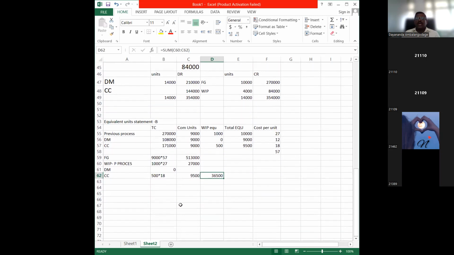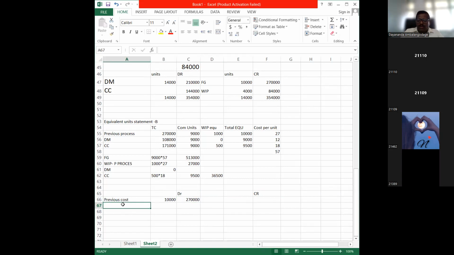So you can prepare the process account: put the debit column here and the credit column here. Here, the previous process, previous cost. How much do you get from the previous process? You get 10,000 units, and the cost is 270,000.